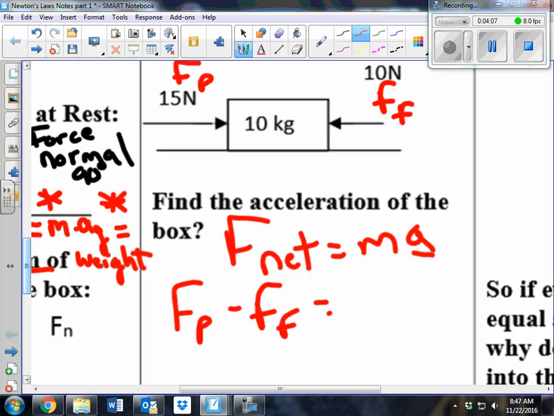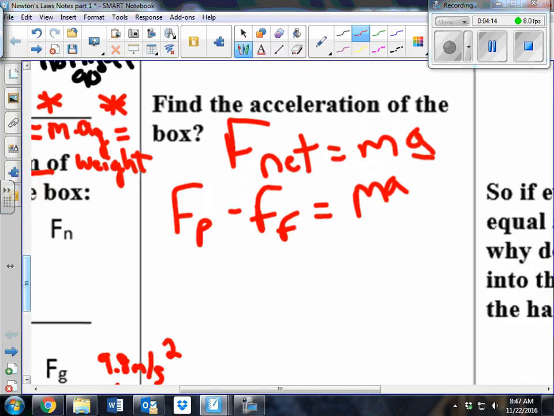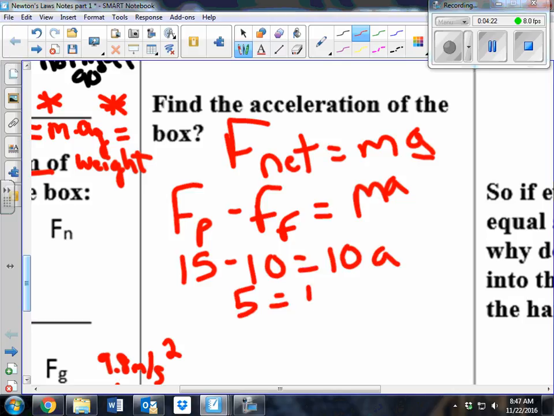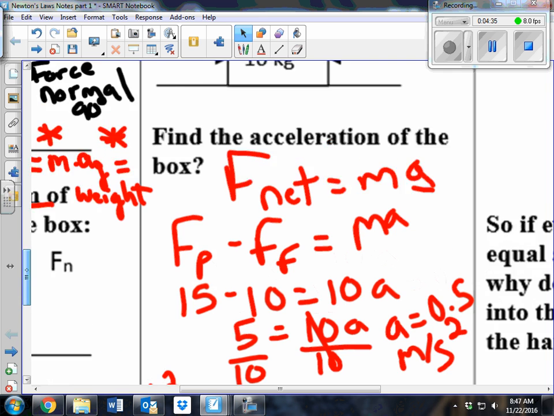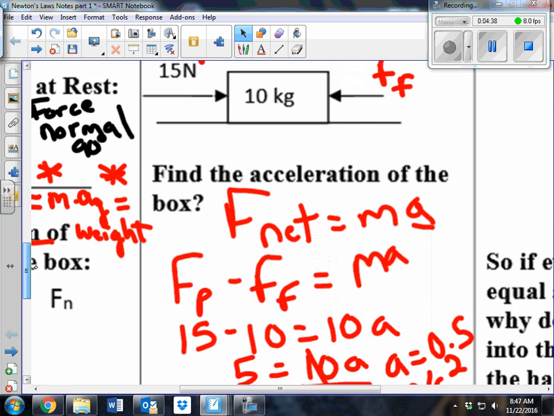It's minus because they're going in opposite directions, equals mass times acceleration. So now I just plug in and solve for the unknown. Force push is 15 minus 10 equals a mass of 10 times A. So 15 minus 10 is 5 equals 10A. Divide by 10. I have A equaling 0.5 meters per second squared. So that's the acceleration of the box when these two forces are acting on it.